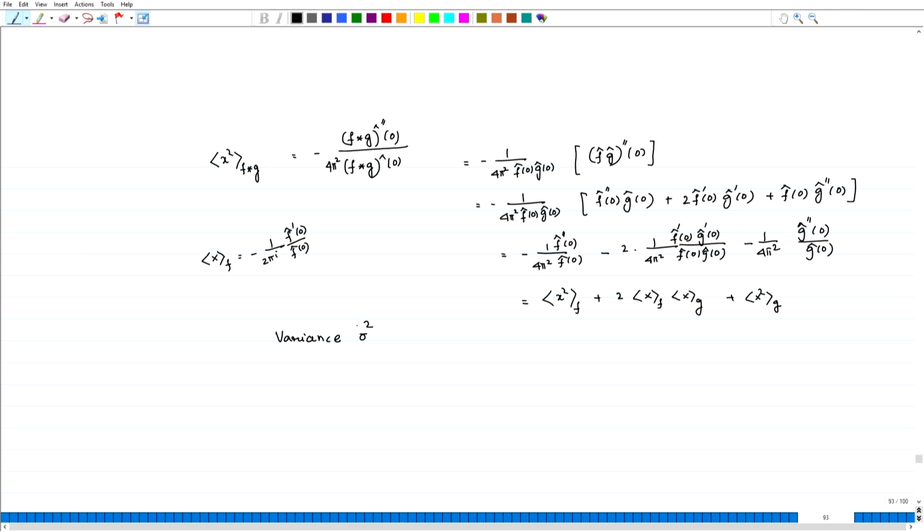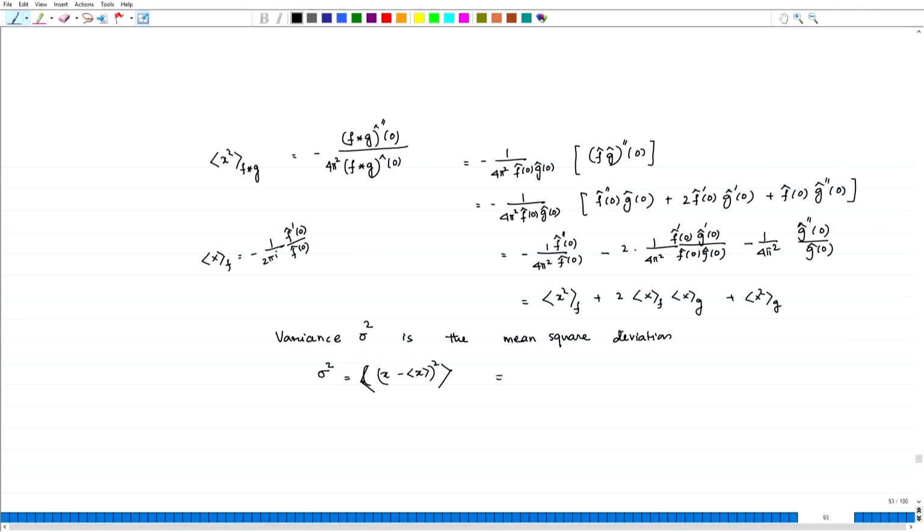Then the variance sigma square is the mean square deviation. Therefore, sigma square is going to be x minus x bar square.